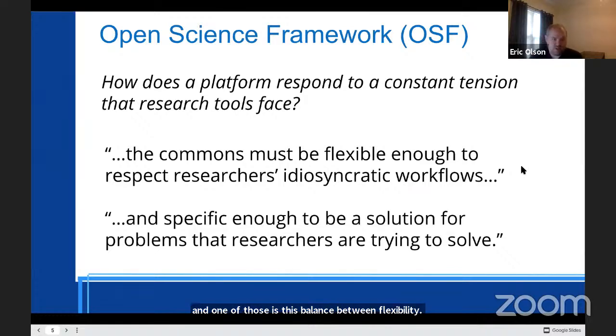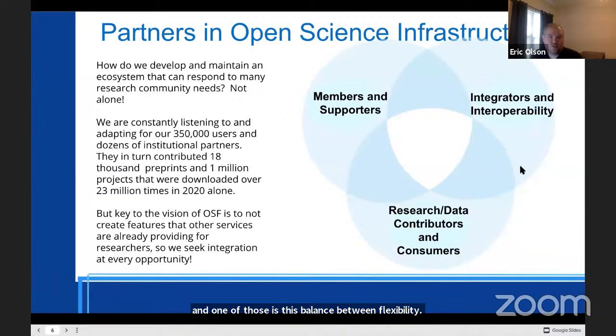And then next is also this constant dynamic and dialogue between the needs and opportunity of these three really big groups. We have members and supporters, our funders that give us grants, as well as institutions and organizations that use some of those services we mentioned before, those that are providing, submitting data, as well as integrators.